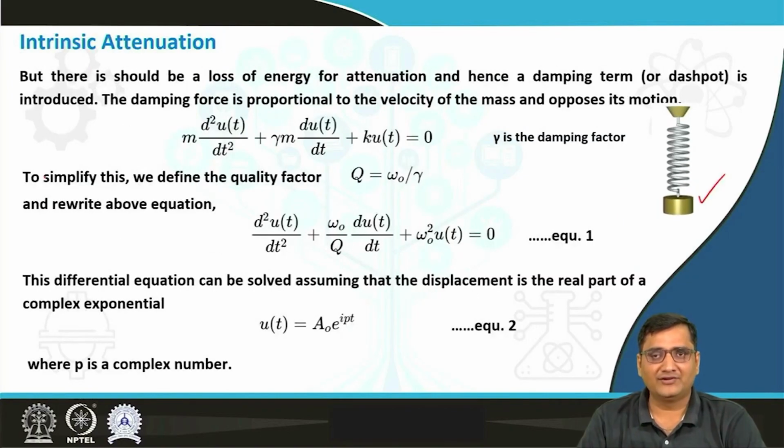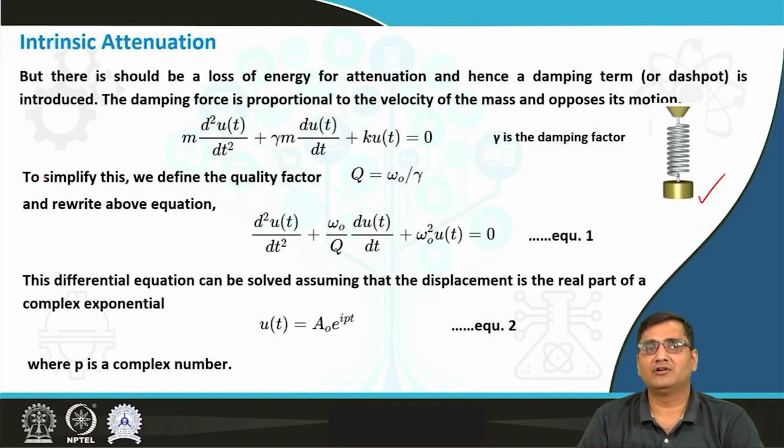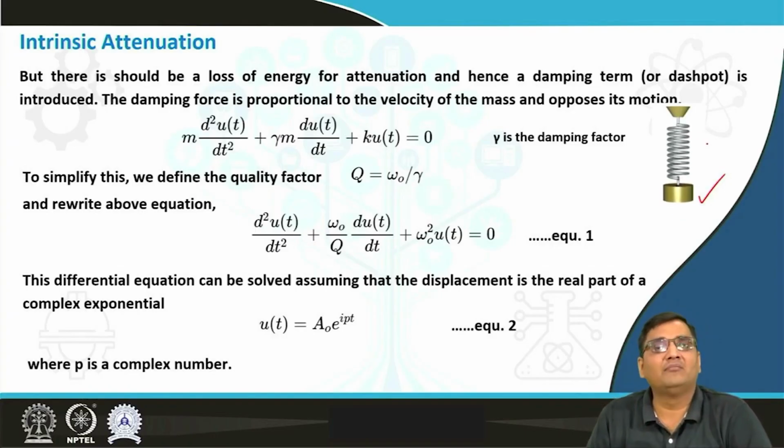For the energy to be lost in the form of attenuation, we are going to introduce a term, that is the damping term or a dashpot, so that the energy will decay. The damping force due to the dashpot will be proportional to the velocity of the mass and will oppose the motion of the simple harmonic condition, so that the amplitude of the motion will decay.